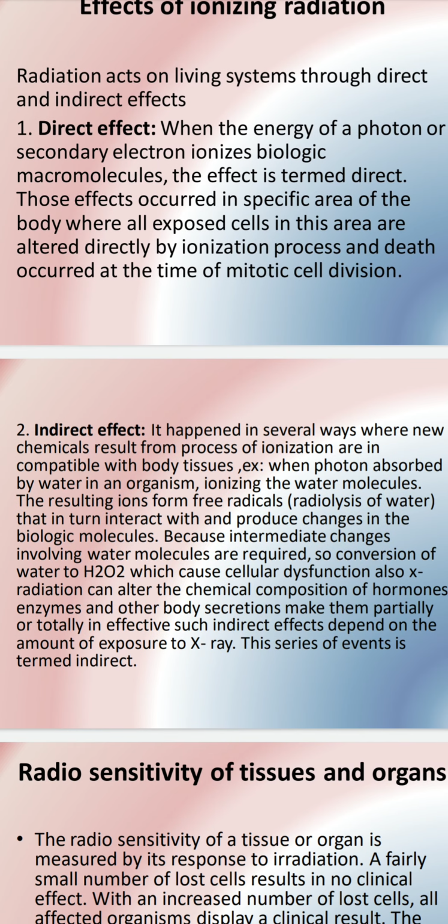Indirect effect happens in several ways, where new chemicals resulting from a process of ionization are incompatible with body tissues. For example, when a photon is absorbed by water in an organism, ionizing the water molecule, the resulting ions form free radicals, radiolysis of water, that in turn interact with and produce changes in the biological molecule.